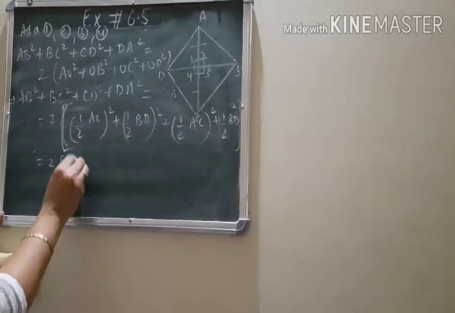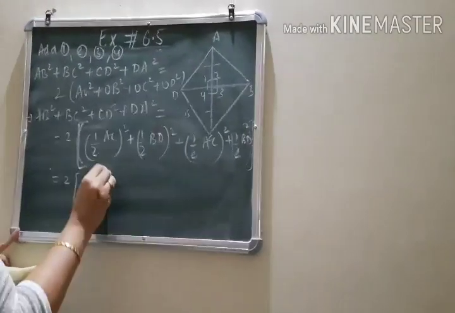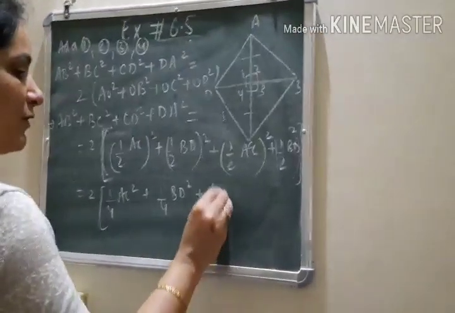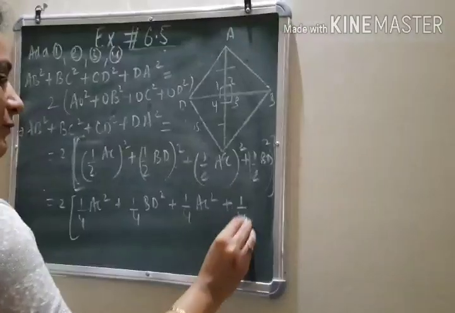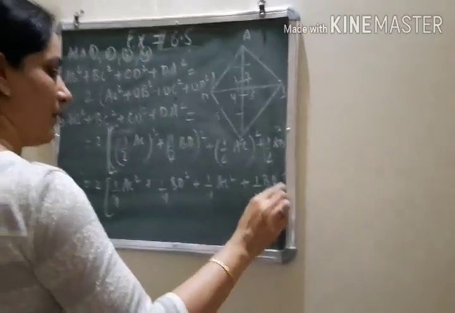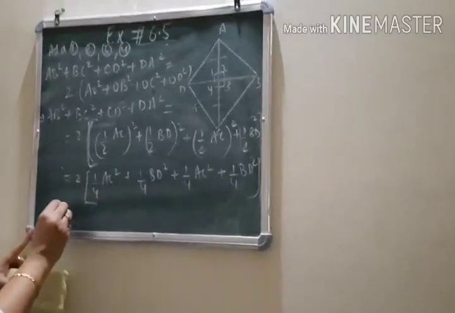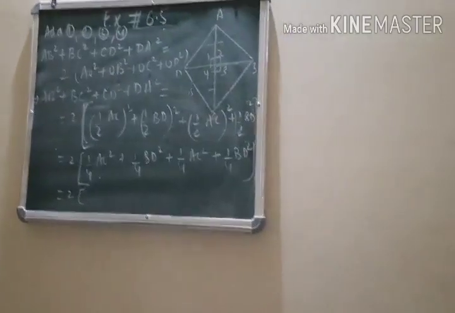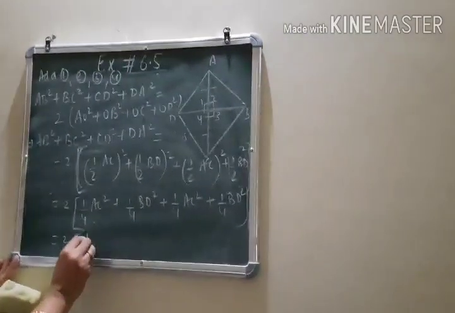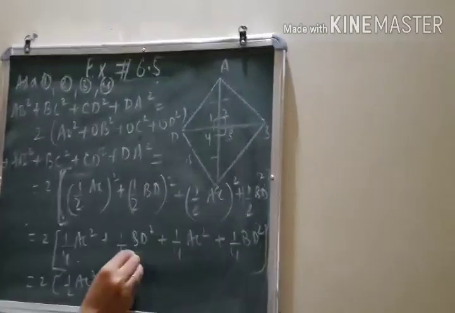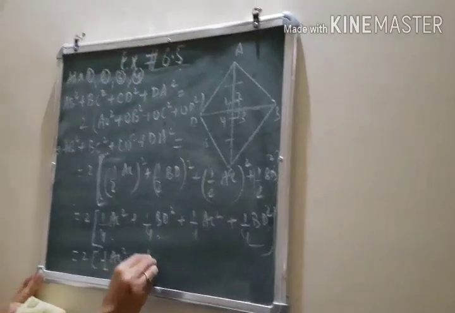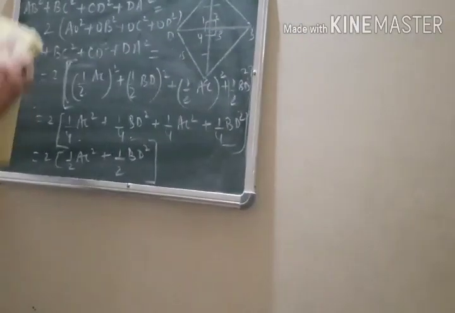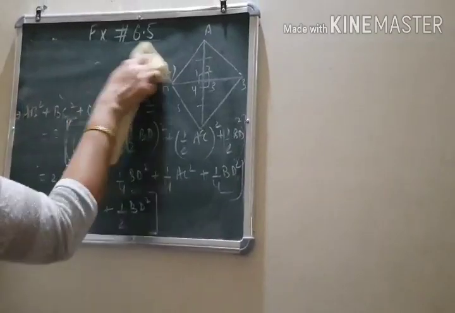Half AC whole square is 1 by 4 AC square plus 1 by 4 BD square plus 1 by 4 AC square plus 1 by 4 BD square. Now 1 by 4 AC square plus 1 by 4 AC square, when you add two 1 by 4s, it will be 1 by 2. Similarly, 1 by 4 BD square plus 1 by 4 BD square will be 1 by 2 BD square.